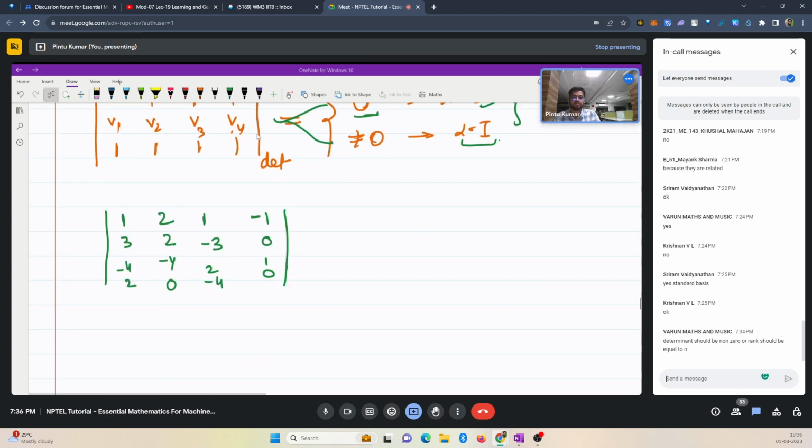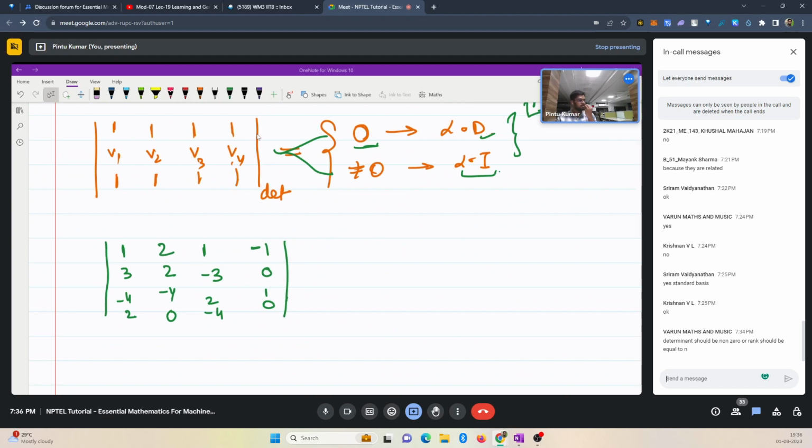If it is still not clear, in the discussion forum you can comment that these things are not clear, and I can take up those things in subsequent lectures or tutorials. Now we will do some elementary row operations to simplify this calculation.